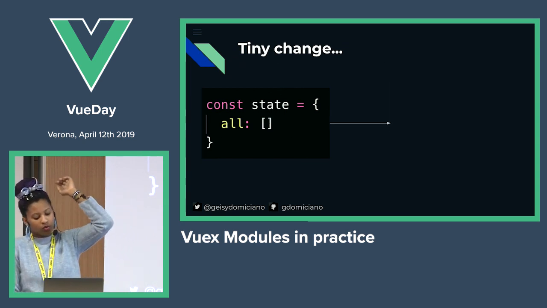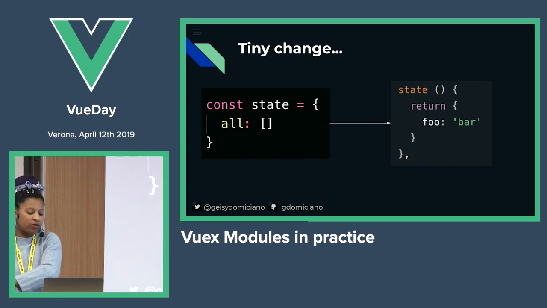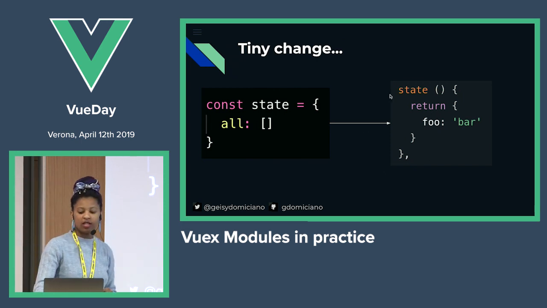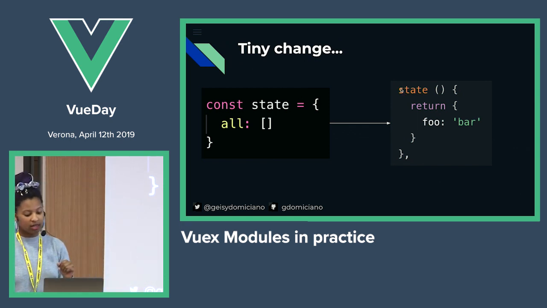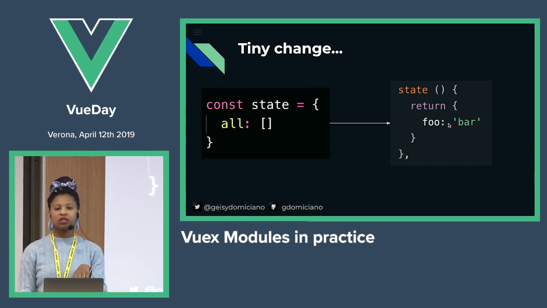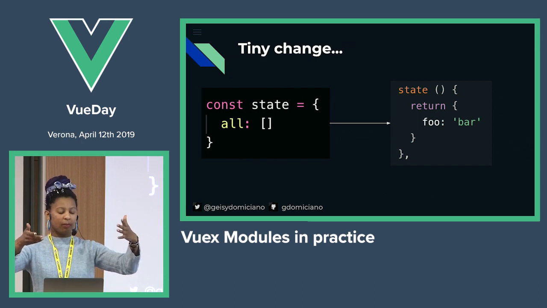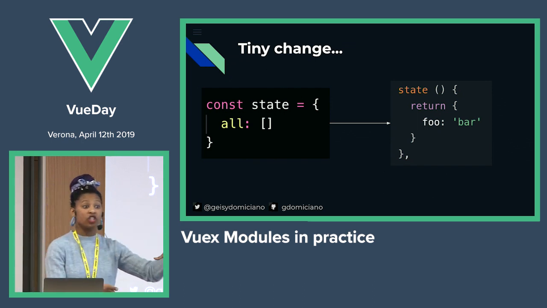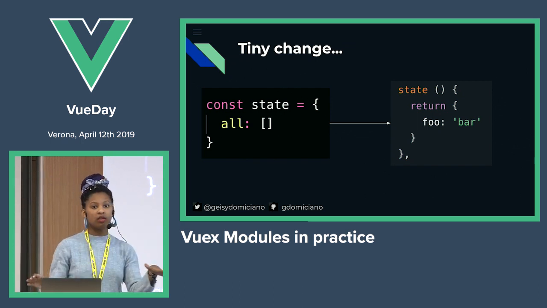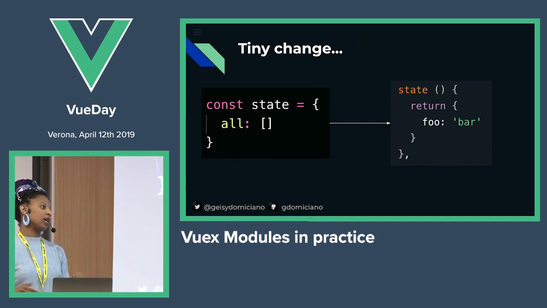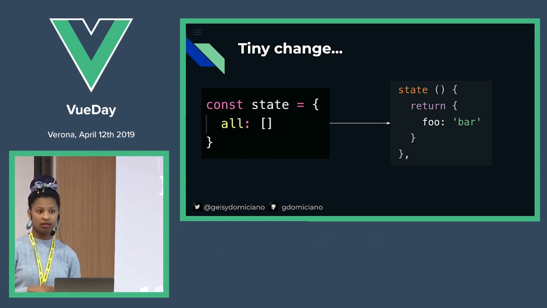Cool, but when we go to Nuxt, you have to use a function, just as we implement the data inside the components. So the same thing happens here. The state is going to become a function that returns an object, so you know that every time your application renders, you're going to get a fresh state. That's the only thing that will actually change in the way that you implement Vuex in Nuxt.